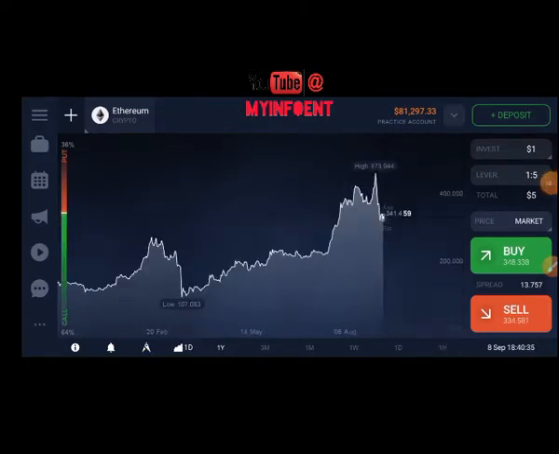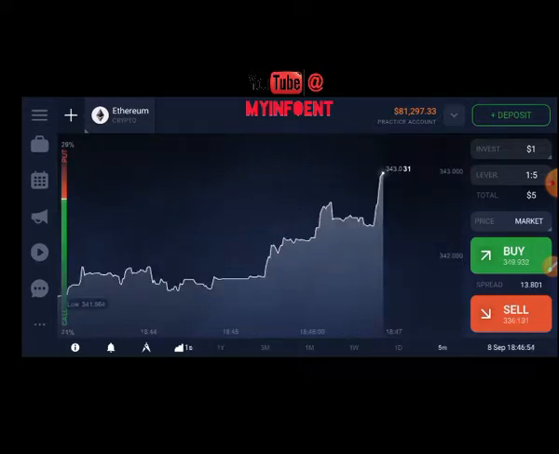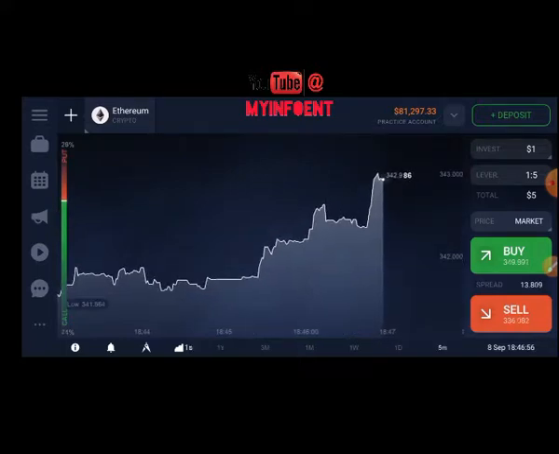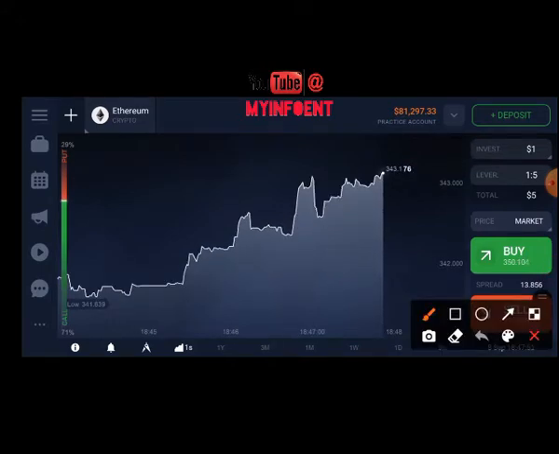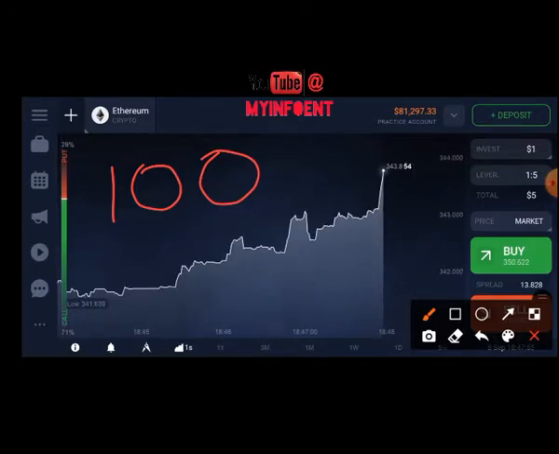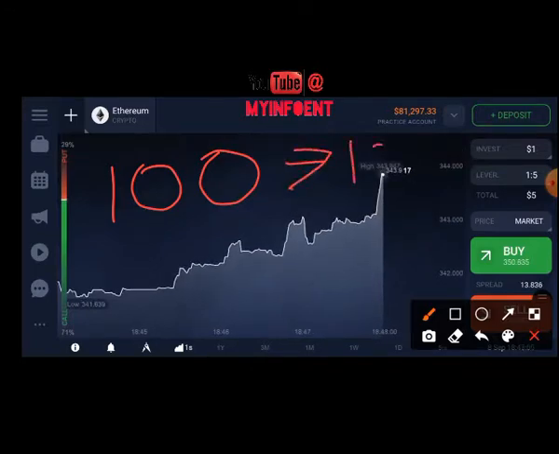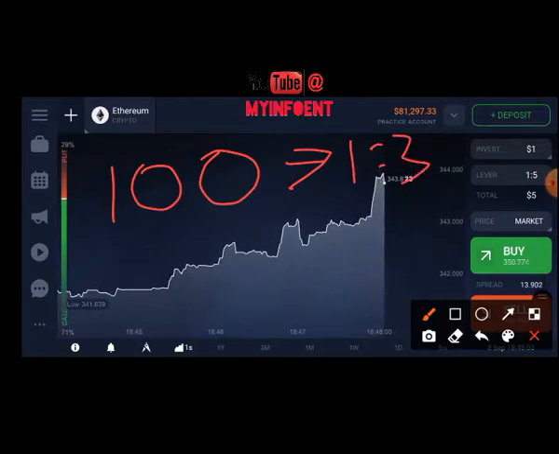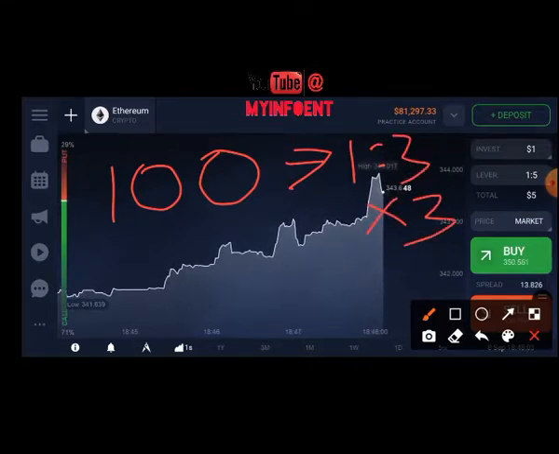So before I show you how to trade, let me first of all explain what trading with leverage means. Leverage in cryptocurrency trading using this platform, let me explain it as thus. Assuming you want to buy Bitcoin with $100, you have the $100 on your account and you want to buy Bitcoin at a leverage of 1:3, which is also known as X3.